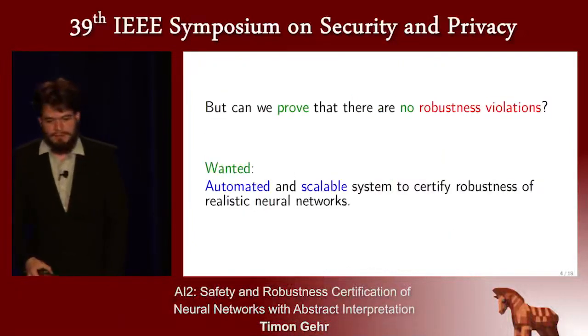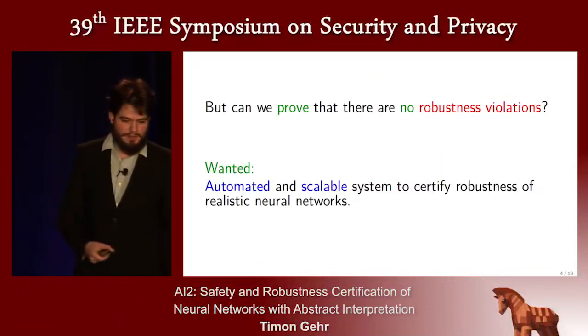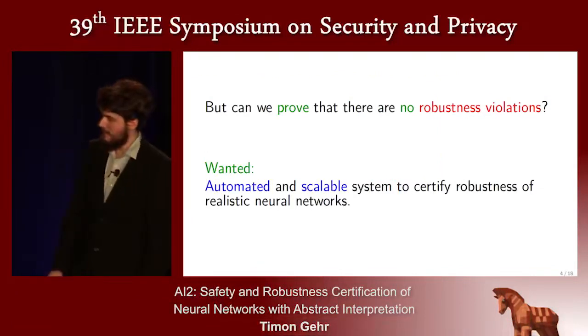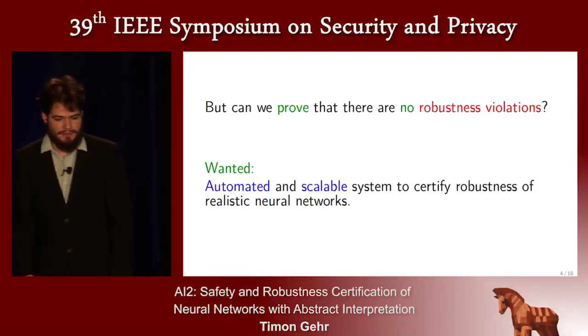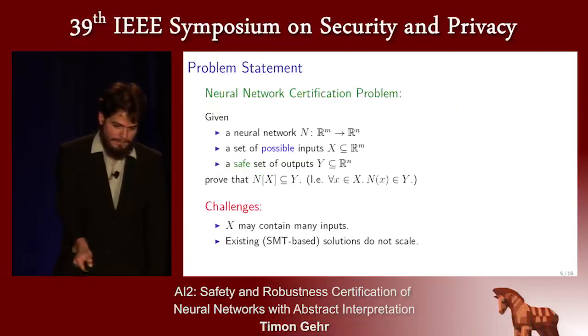We want to prove that there are no robustness violations around a specific image. And we want a system that is automated and actually scales to real neural nets.